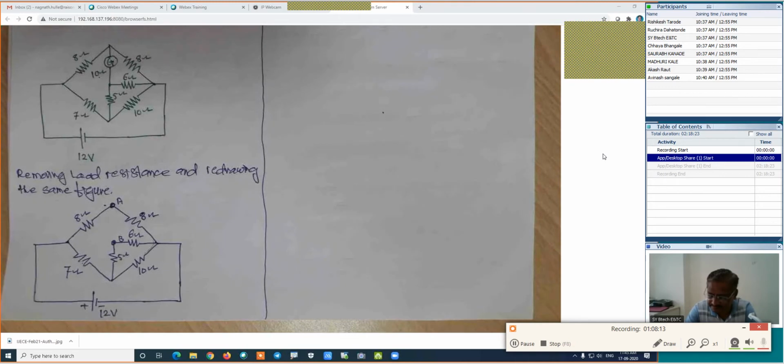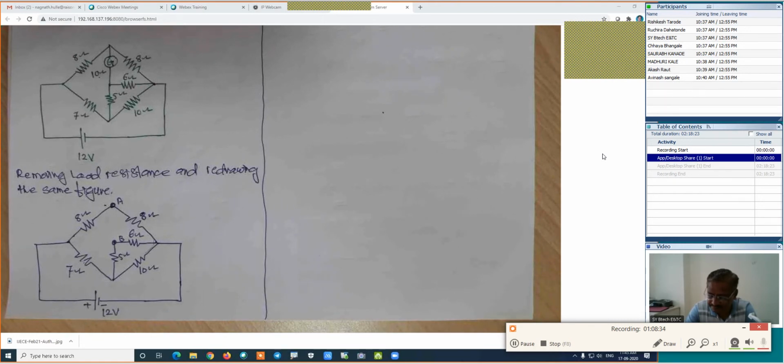Now, which method will you use? Which method will we use here? There are a number of ways.